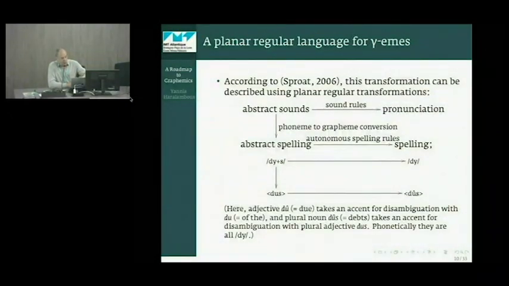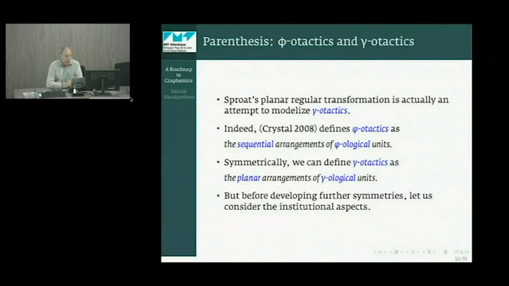If you take the pronunciation, here in phonetic notation, the abstract sound will take an S for the plural, and so the abstract graphemes will be dus, and the spelling rule will be to add the circumflex to disambiguate. And this makes sense, and Richard Sproat says that this transformation has the very nice property of being regular, in the sense of formal regular languages.